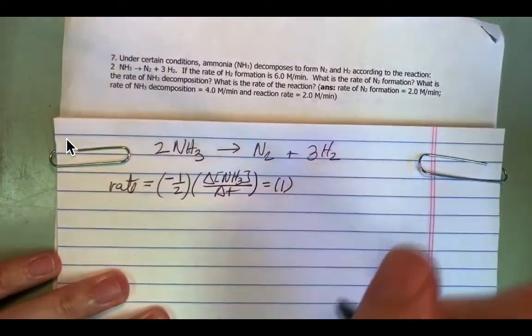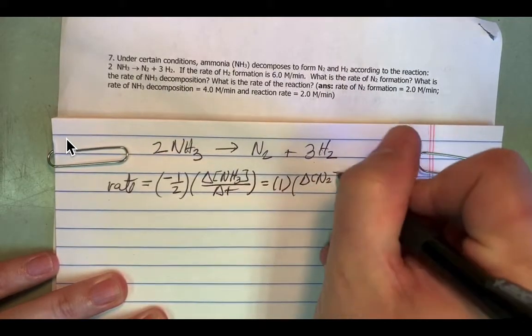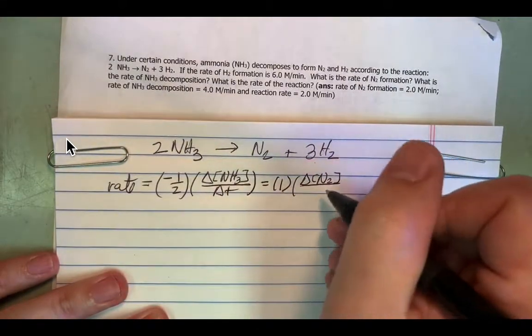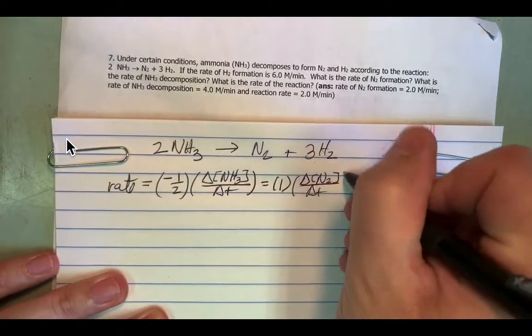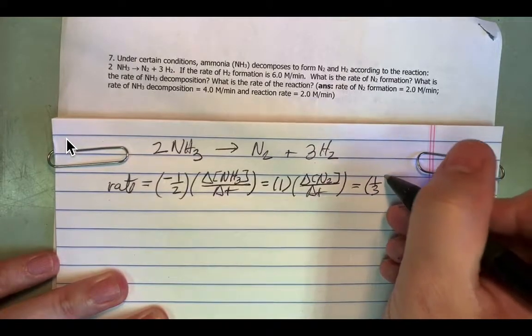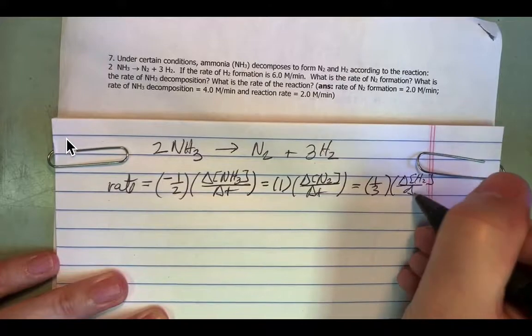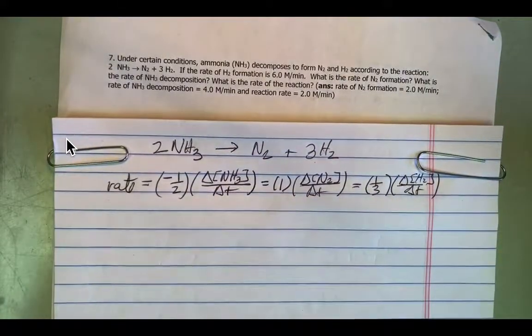We'll just say that it's 1. The change in the concentration of N2 over the change in time. And then finally, this one is a little more interesting: 1/3 the change in H2 over the change in time.